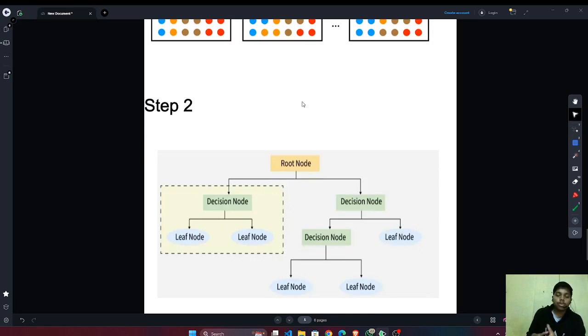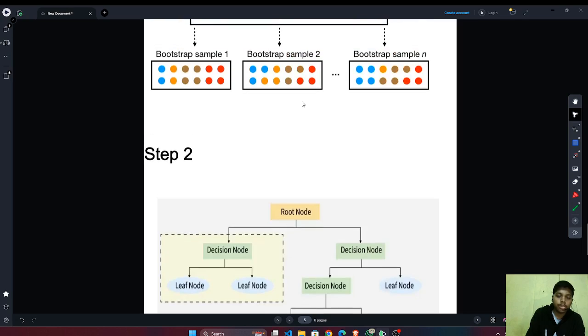The third step is to get the output out of these decision trees and take the majority output as our answer. For example, if we have five decision trees in the random forest, and four say yes and one says no, we mark our answer on the basis of majority and take yes as the answer. So this is the logic behind random forest.